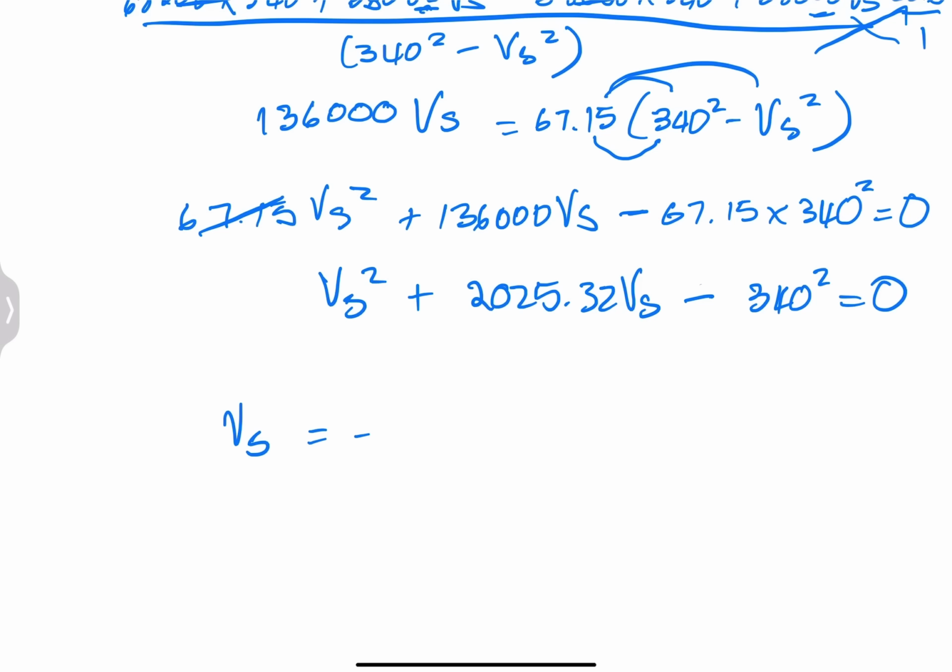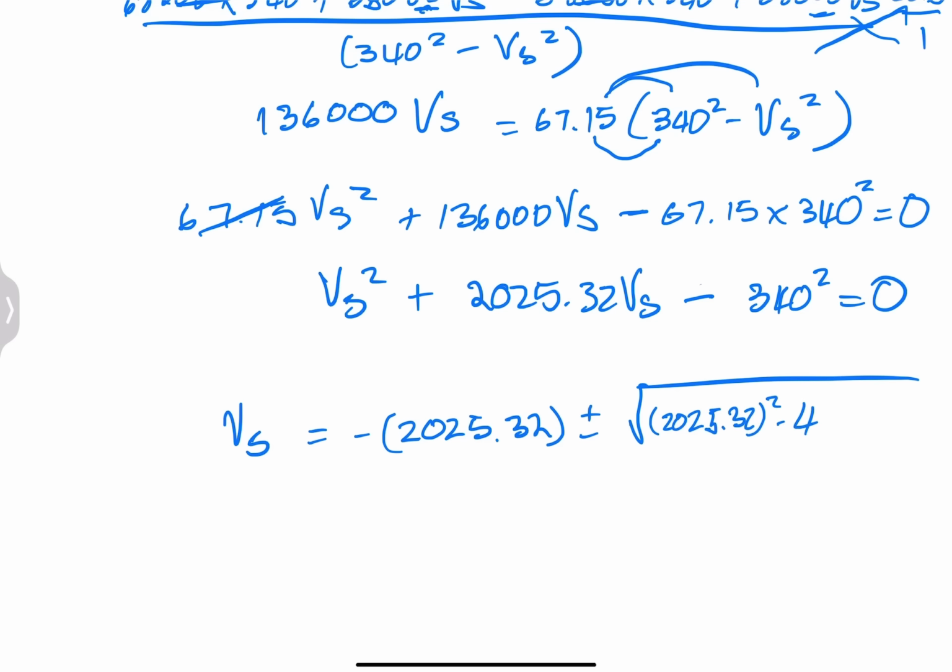So that's going to be minus b, minus 2025.32, plus minus the square root of b squared minus 4ac. So that would be 2025.32 squared minus 4 times our a is 1, our c is 340 squared.